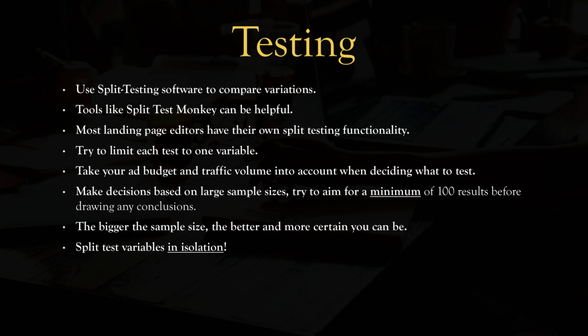I would recommend, if you can pull it off, if you have the ad budget for it, not making any decisions based on split tests until you have had 100 results, 100 conversions to look at throughout your split test.